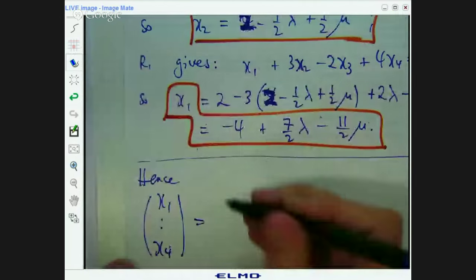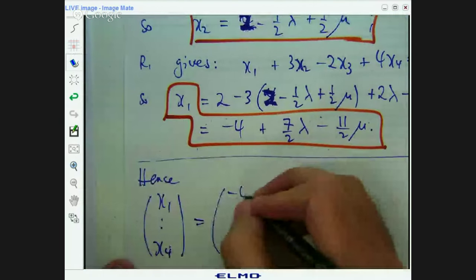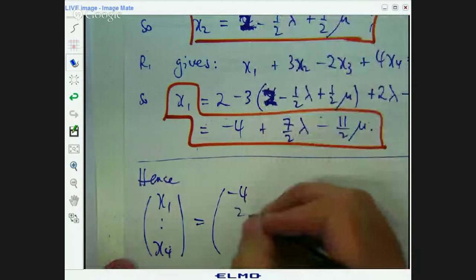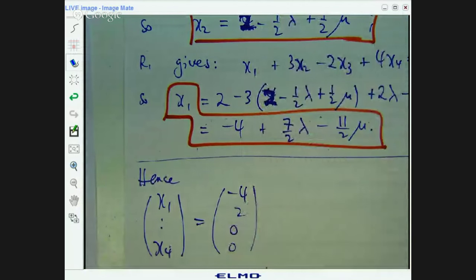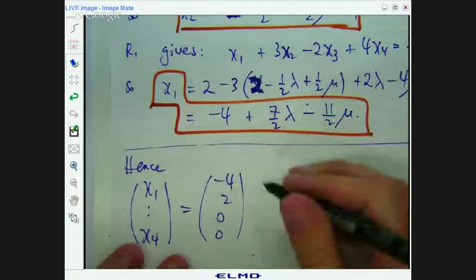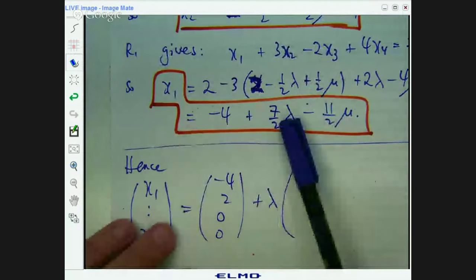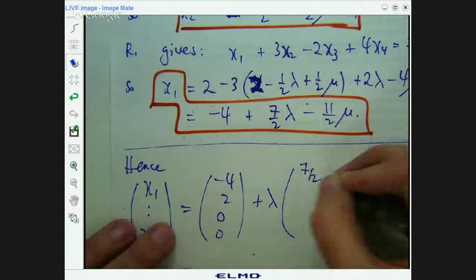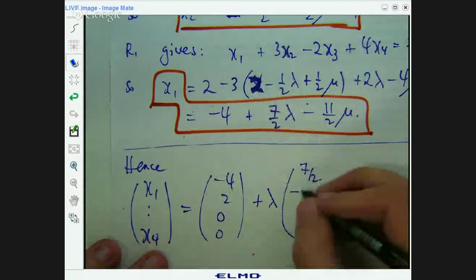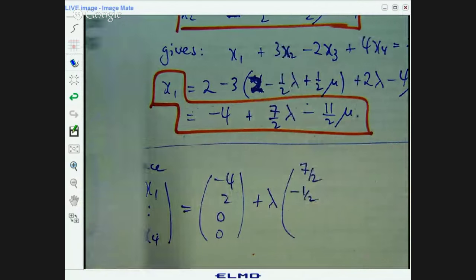Basically we've got negative 4 and 2 and 0 and 0 for the constant parts. And then you can look at the common factor of lambda. For x1, there'll be a 7 on 2. For x2, there'll be a negative 1/2. For x3, there'll be a 1, and for x4, there'll be 0.